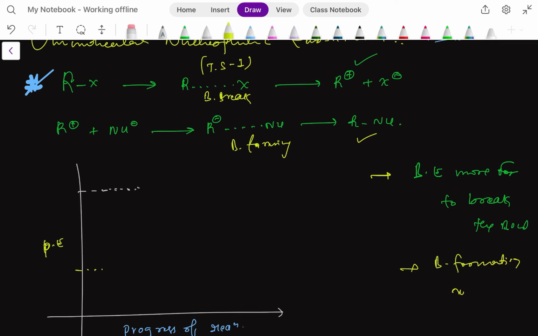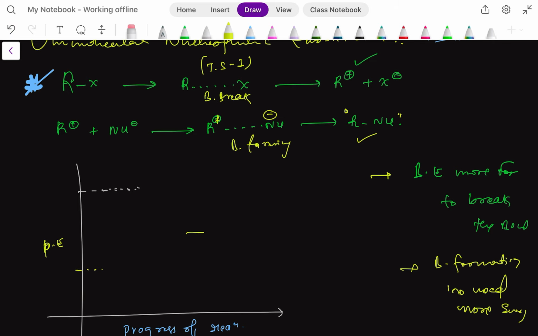No need for more energy, because you can see R plus and Nu minus are there. They will combine automatically, no need to give more energy. They want to become close, therefore they make the R-Nu bond. So bond formation needs less energy, and comparatively I draw it a little lower here.